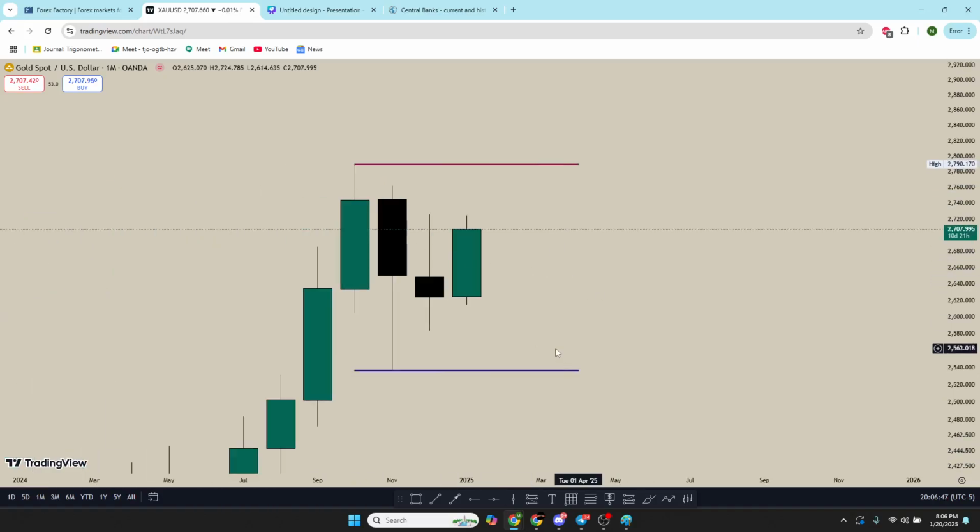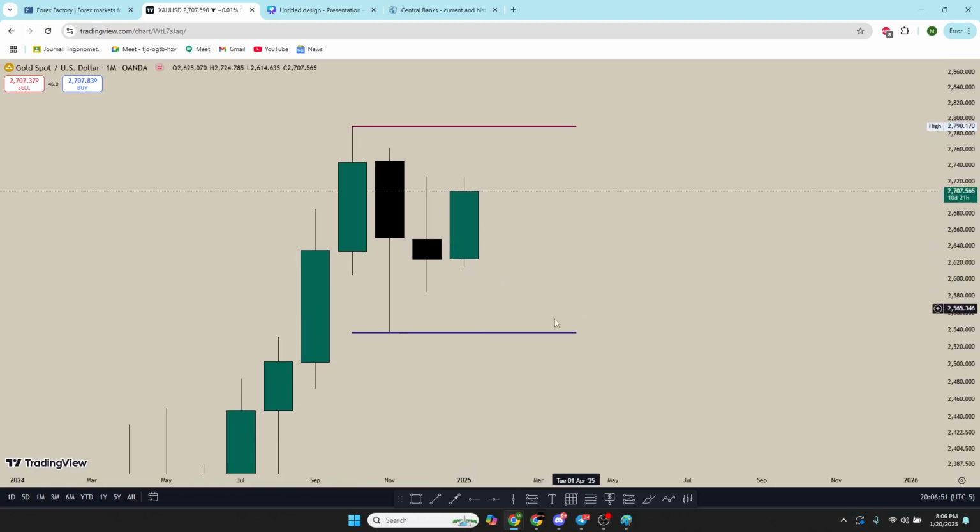So where is price coming from on this monthly time frame? Price has entered into a fair value gap back in November 2024. So fair value gives sellers and buyers an opportunity to get in the market at a fair value.